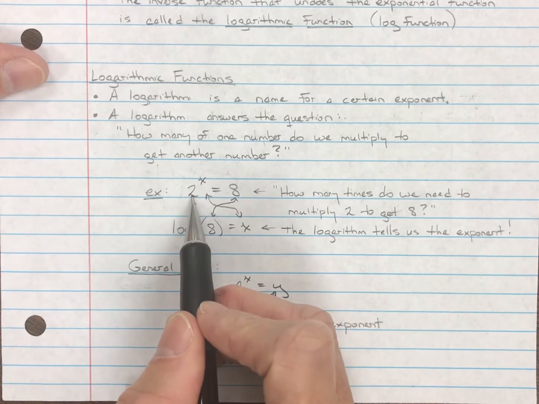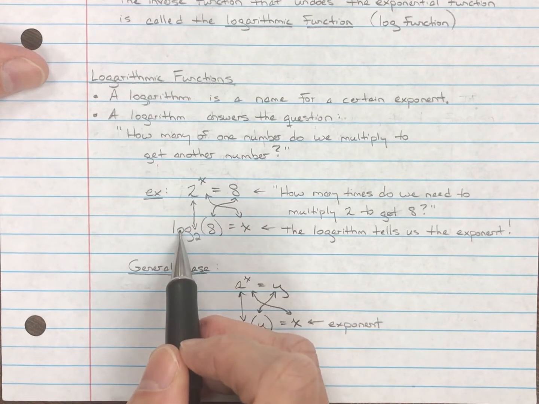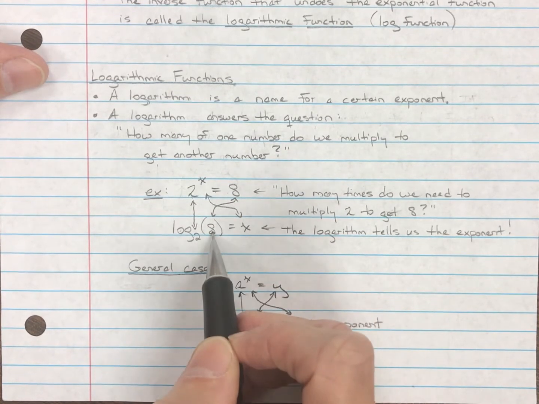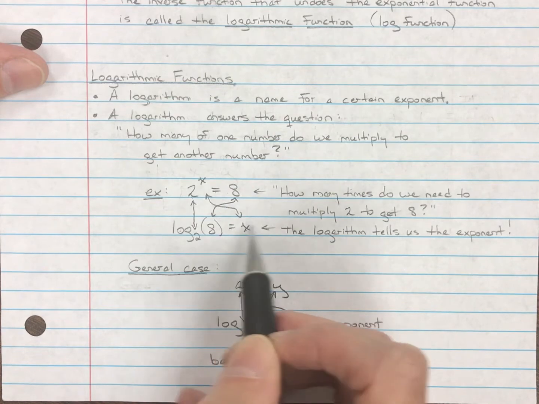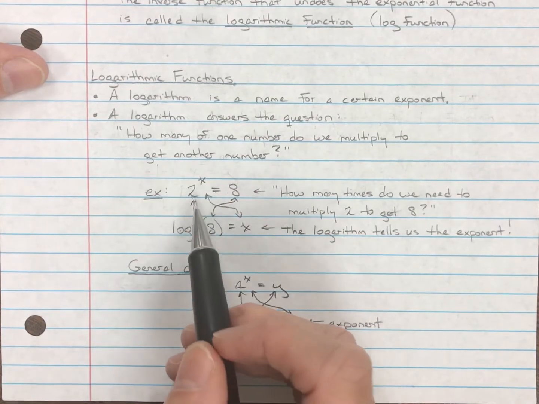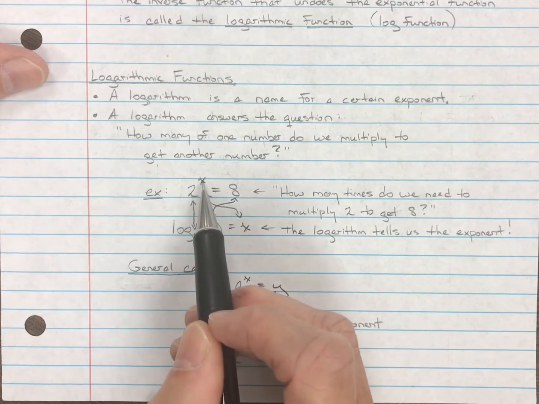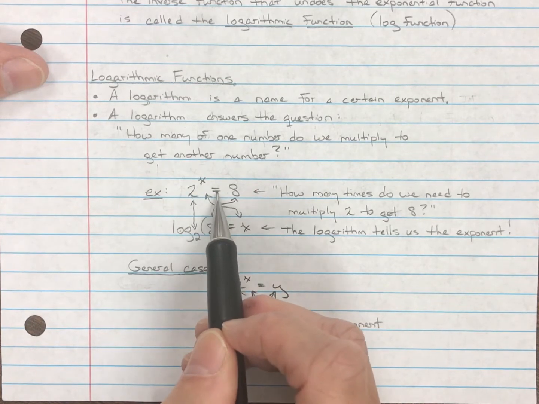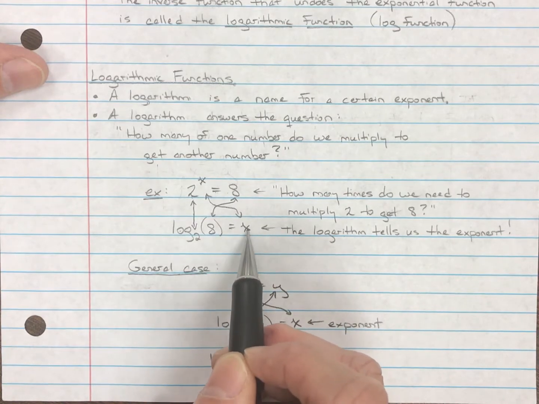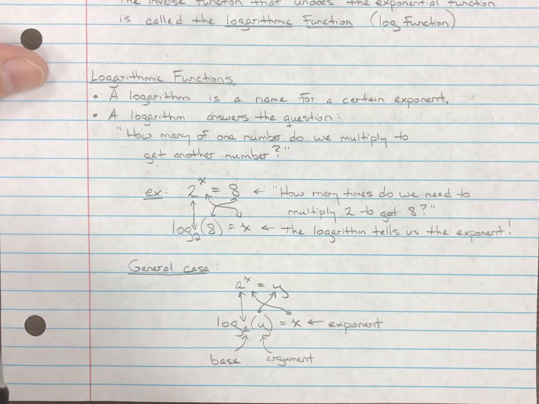2 is the base, so we have log base 2 of 8 is equal to the exponent. The logarithm tells us the exponent. All right, so the base raised to the exponent equals 8. Here's the base, here's the exponent, and then there's the 8.